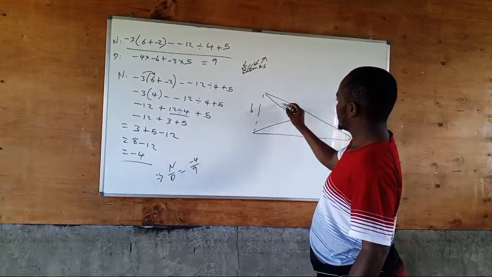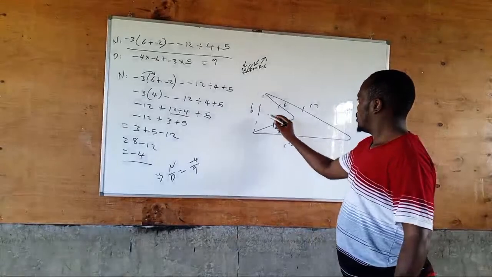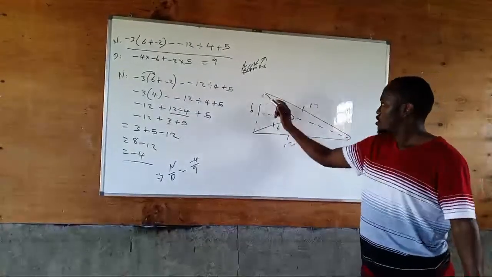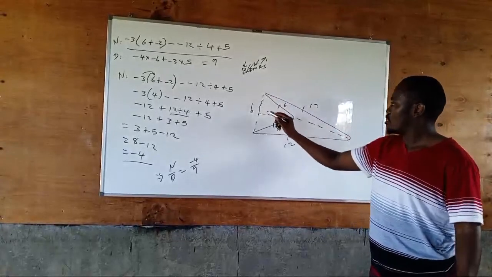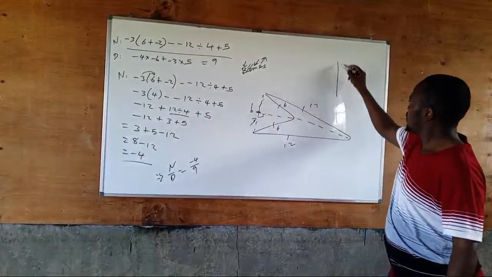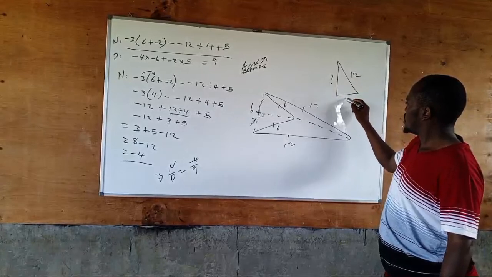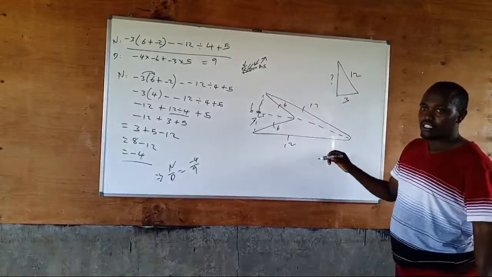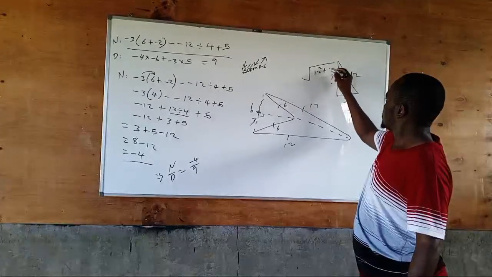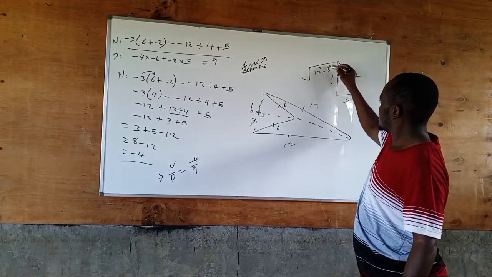Suppose here it is 6, it was 6, 6, 12, 12. You can also say this is a triangle when you get the height, because you already have this as 6. This is 90 here. This way you have this 12 height, you can be able to find this, which is the square root of 12 squared minus 3 squared.